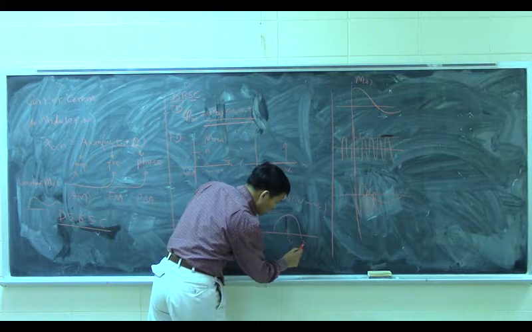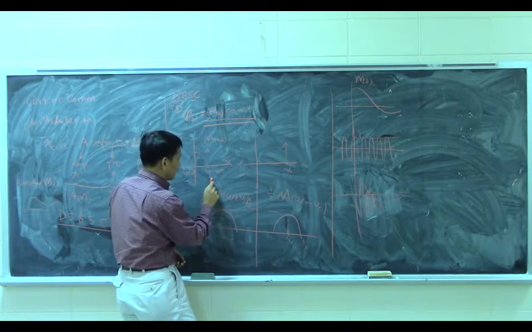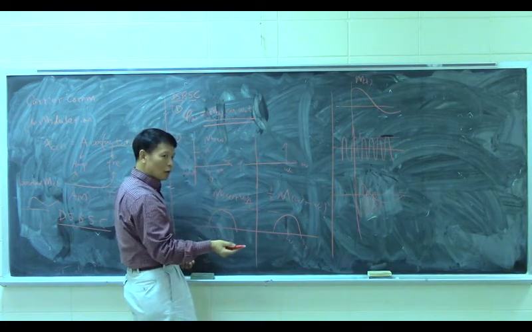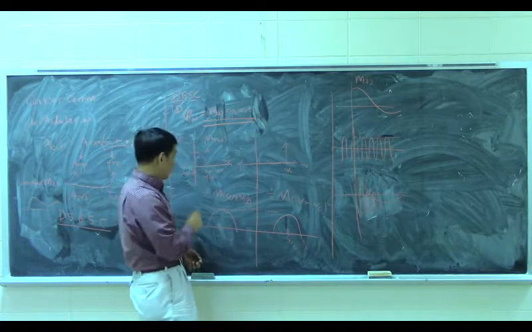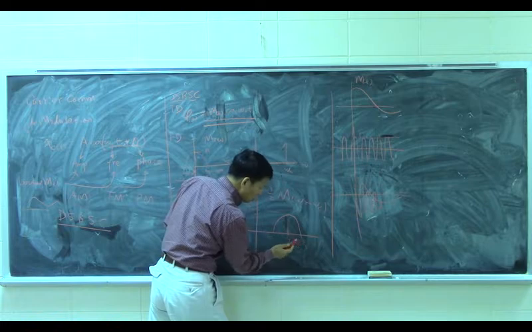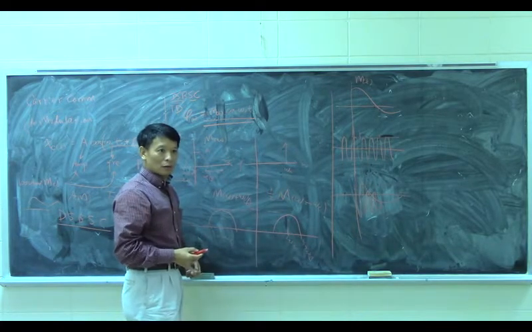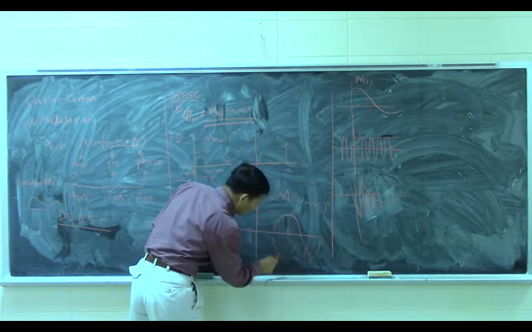Omega c plus, suppose the bandwidth is B Hertz, converted into radians per second, that will be 2 pi times B, and this one will be negative 2 pi times B. So this point will be omega c plus 2 pi B, and this point will be omega c minus 2 pi B.